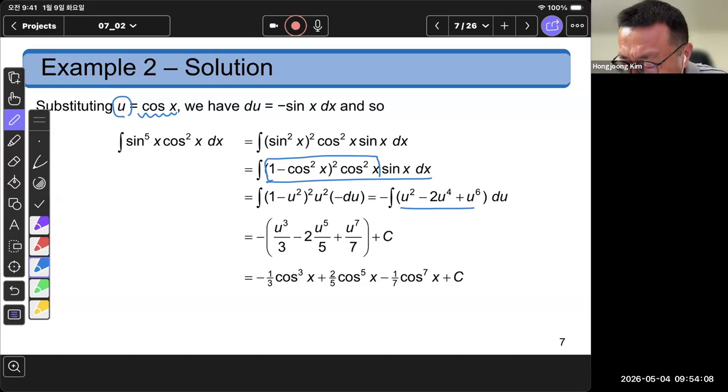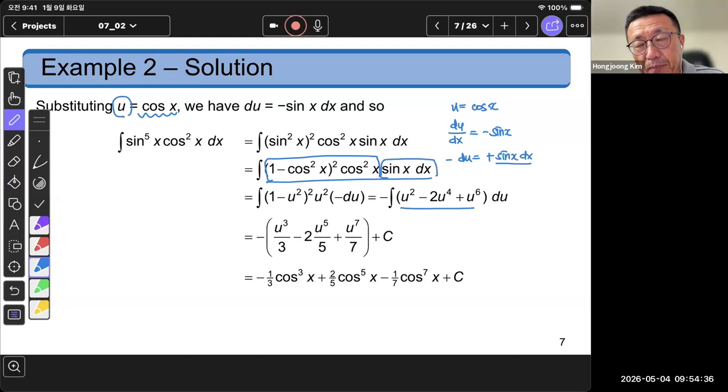So here I introduced u to denote cosine x. So du/dx will be negative sine x. That means du will be negative sine x dx, or in other words, negative du will be sine x times dx. So this sine x dx will be replaced by negative du.